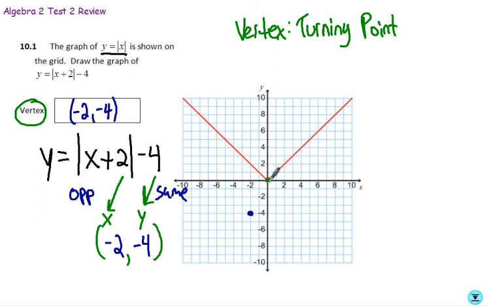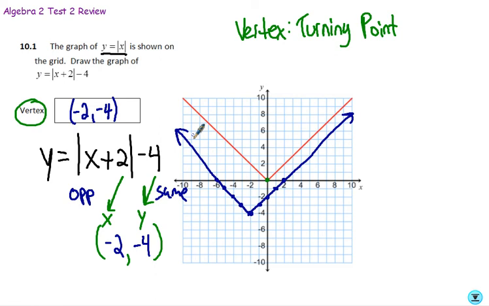And then you notice how the line goes up 1 over 1, up 1 over 1, up 1 over 1, and it's the same thing on this side as well. So we just go up 1 over 1, up 1 over 1, and then I've got a V shape that looks like that. Okay.